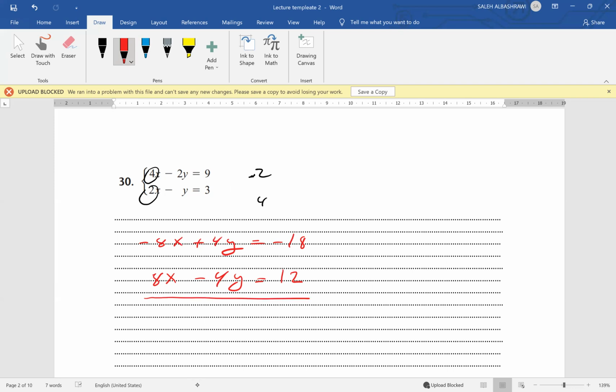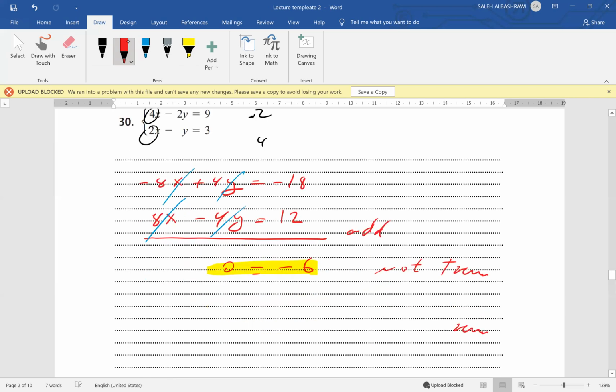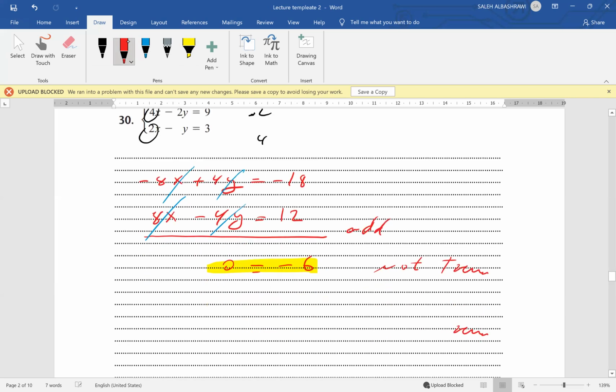Now if we add, minus 8x will cancel 8x, 4y will cancel minus 4y, so I will have 0 equal to minus 18 plus 12, which is minus 6. Now 0 and minus 6 are not equal. 0 is not equal to minus 6. I can say this is not true. So we can say the system is inconsistent.